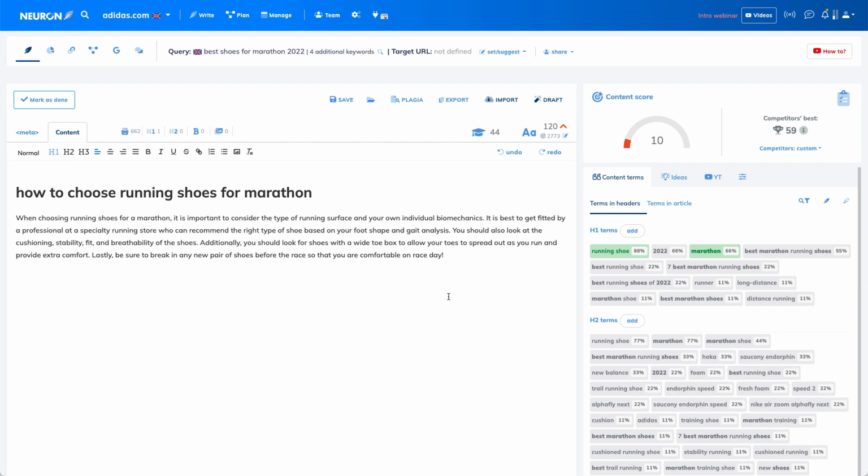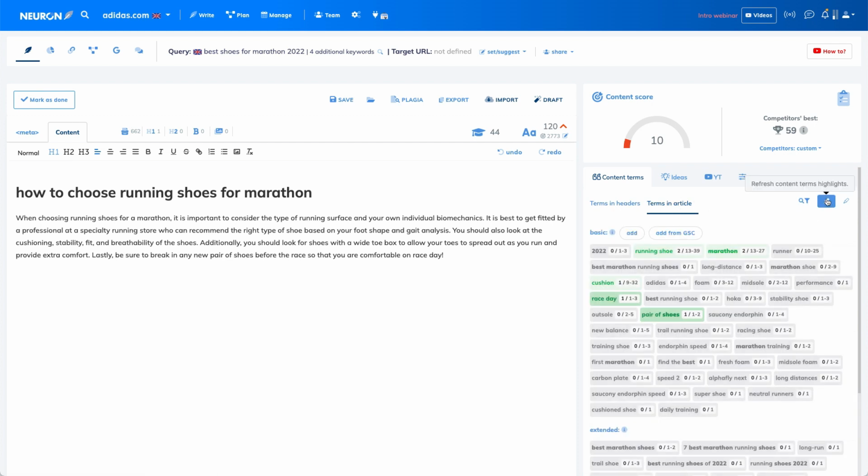And then the content as terms in articles. I will just highlight them so you can see where our terms are. We have terms in H1s, we have some terms in the content, and our content score right now is just 10 out of 100, so it's optimized about 10% in general.